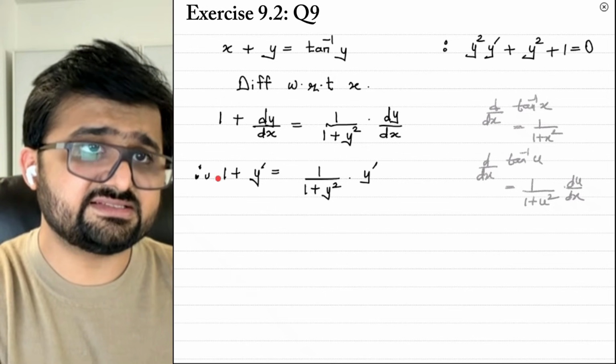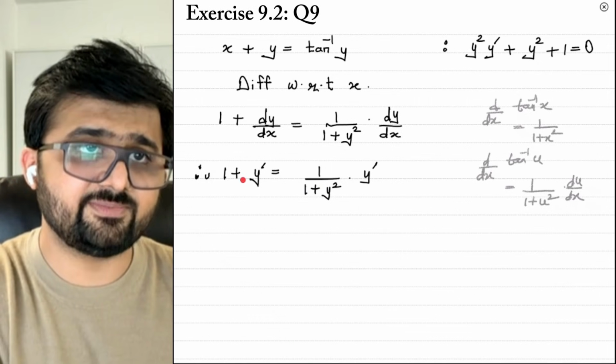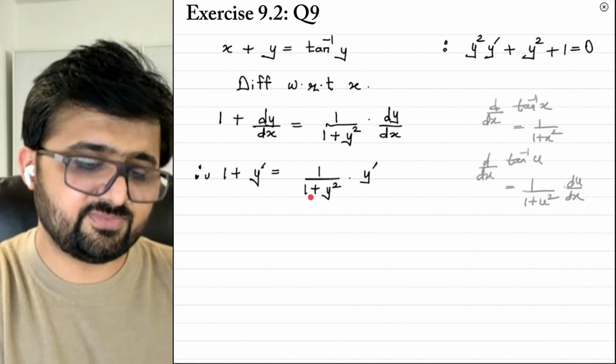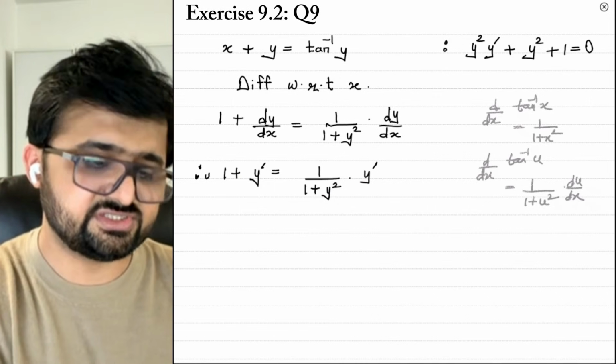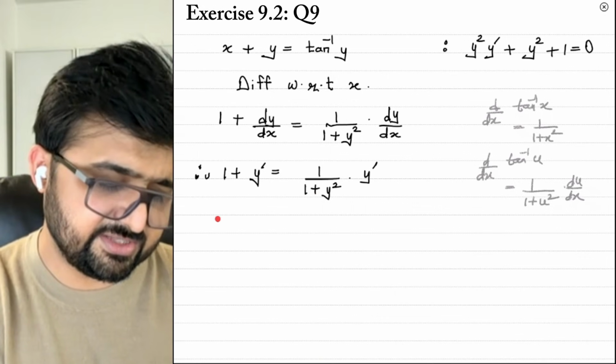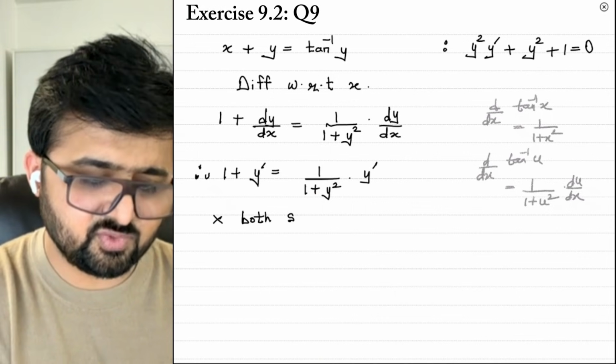Just multiply this entire equation by 1 plus y square. If you multiply this entire equation by 1 plus y square to eliminate this denominator, we almost have this equation.